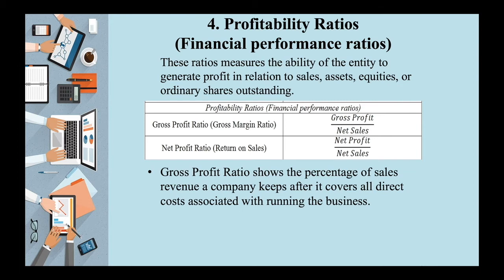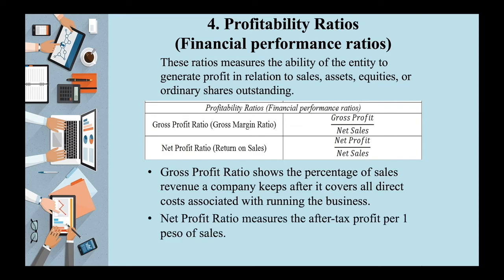The gross profit ratio shows the percentage of sales revenue a company keeps after it covers all direct costs. Take note of the term, guys, all direct costs associated with running the business, while the net profit ratio measures the after-tax profit per 1 peso of sales.